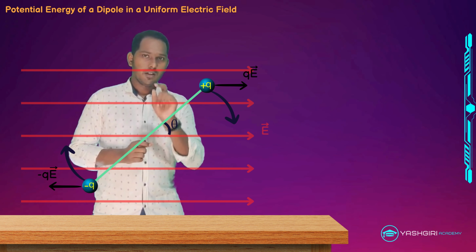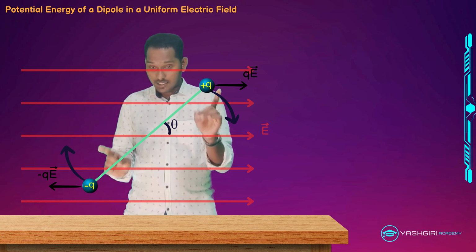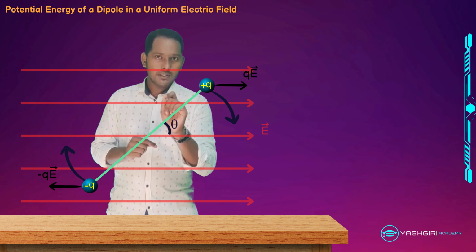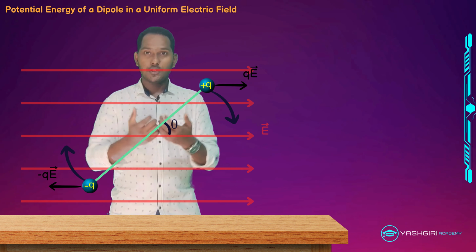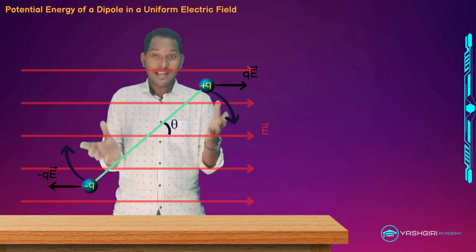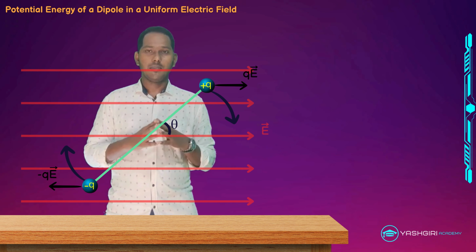Now, one assumption I will be making here: when I move this dipole in an anti-clockwise direction, the angular speed I consider is very, very small, such that there is no angular acceleration of this dipole. So that is the assumption I make here.